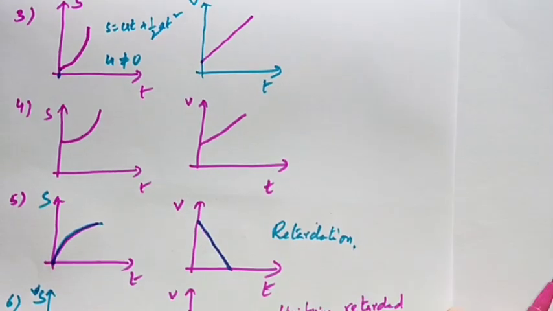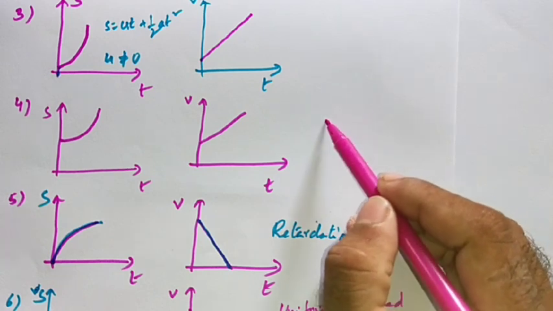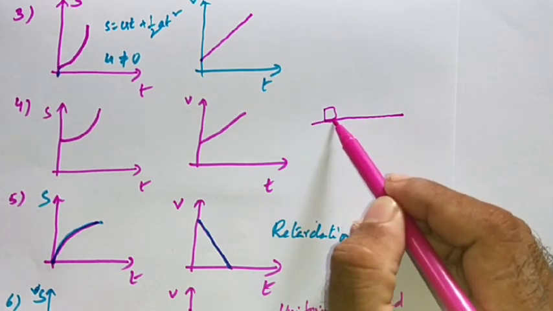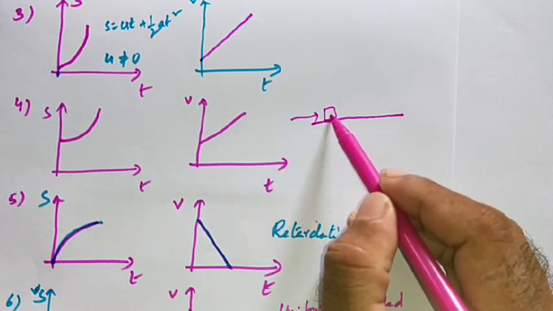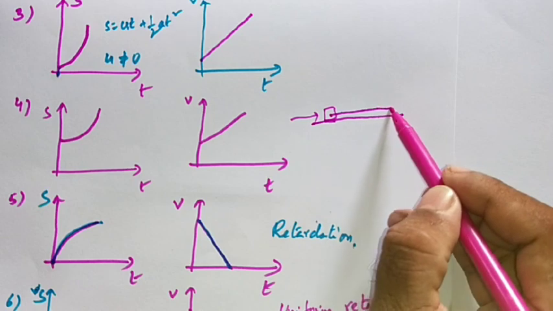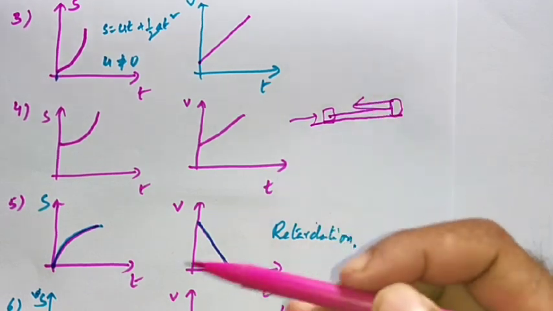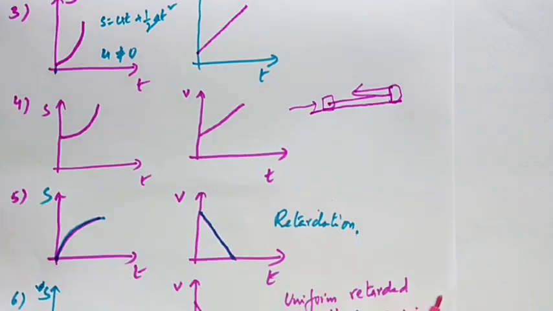Okay, so let us see one example for this. A car is retarding. Okay, a car starts from here, coming from somewhere, and brakes are applied here so that it comes to rest and again starts in the opposite direction with an acceleration. Okay, this is the graph for this.